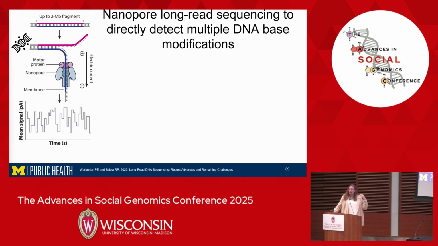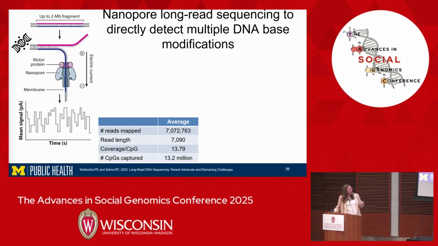And there are base calling algorithms where we can identify a whole bunch of different epigenetic modifications, including the cytosine ones I just mentioned, but also some adenosine modifications. There's all kinds of modifications on the genome. So we're looking at reads that are over 7,000 base pairs long, and there were over 13 million CpG sites that we were able to capture at sufficient coverage.